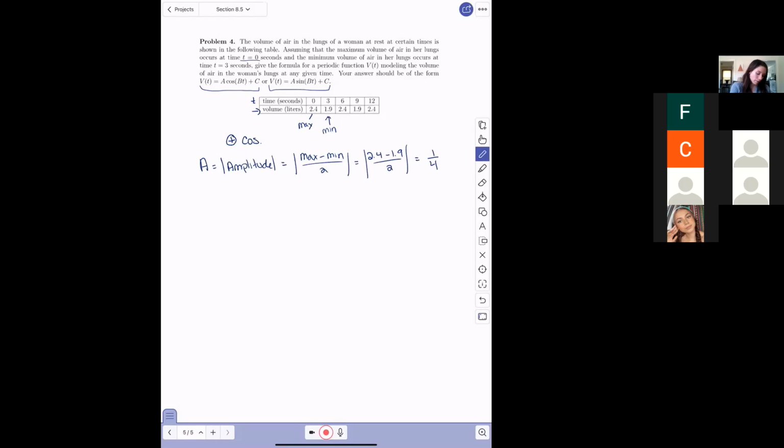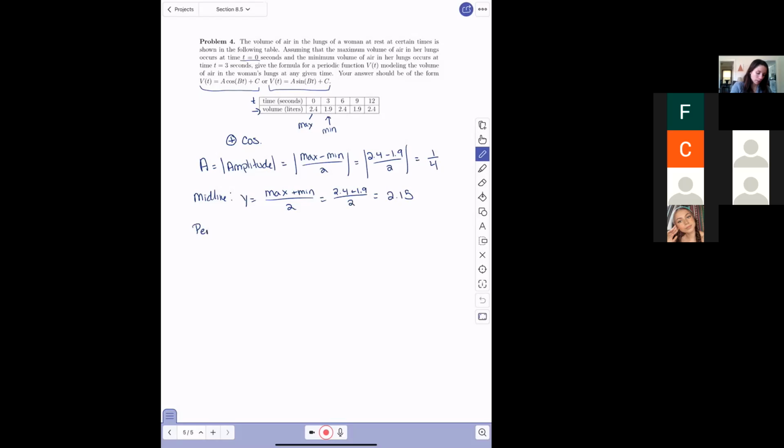Okay, next we have to find the midline, which is y equals, remember, the max plus the min divided by 2, which is 2.4 plus 1.9 divided by 2. If you plug that in your calculator, you get 2.15. Y equals 2.15.